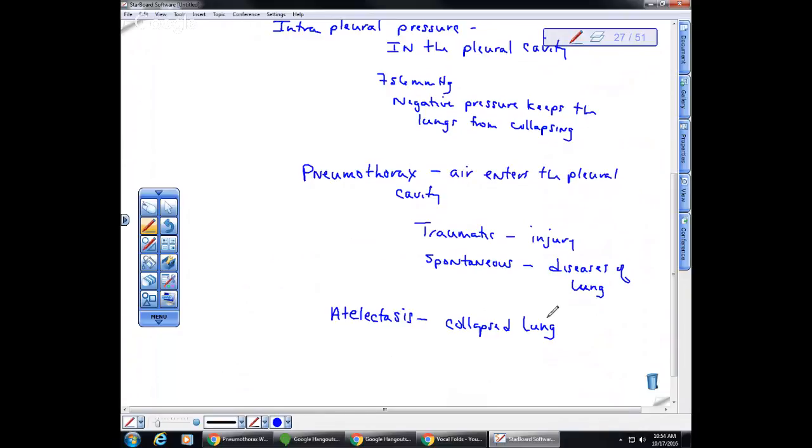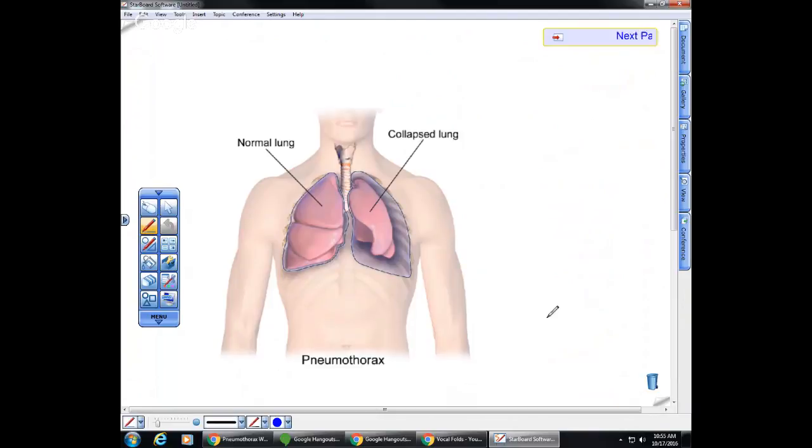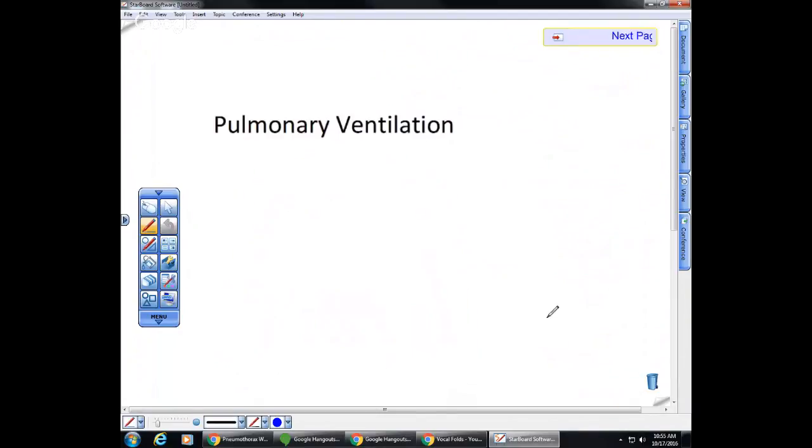Okay, so these pressures are important for maintaining the lung, but it also is the reason why we can breathe in without forcing air into our lungs. And our method of breathing is what is referred to as negative pressure breathing.